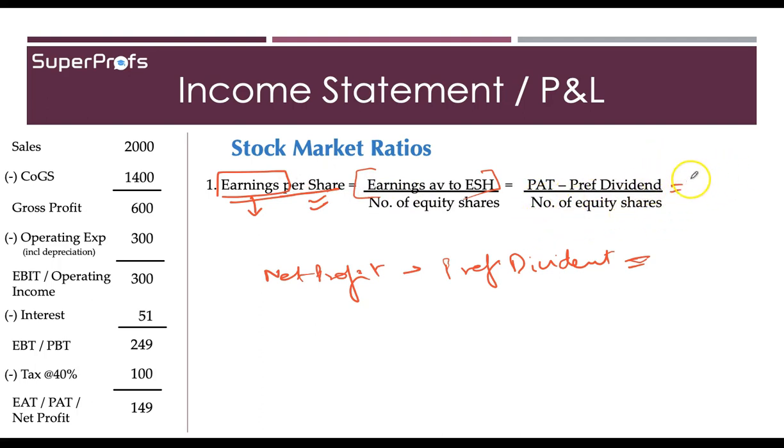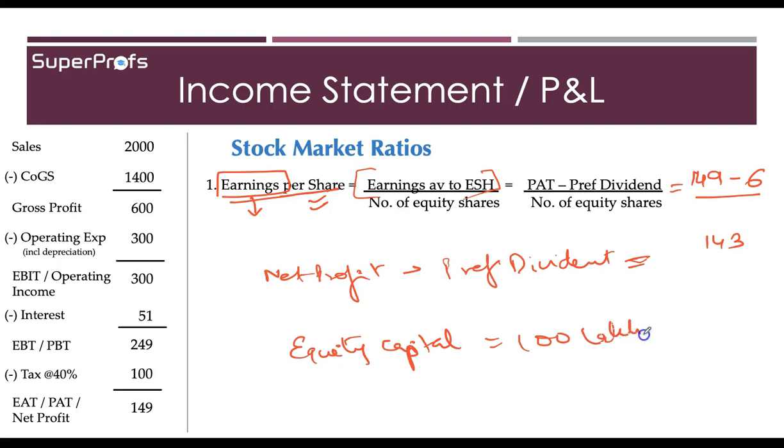Therefore, this ratio can also be written as PAT minus preference dividend divided by number of equity shares. In the previous example, 149 lakh was the PAT and 6 lakh was the preference dividend. Therefore, 143 lakhs divided by number of equity shares. Remember that the equity capital in the example was 100 lakh rupees.